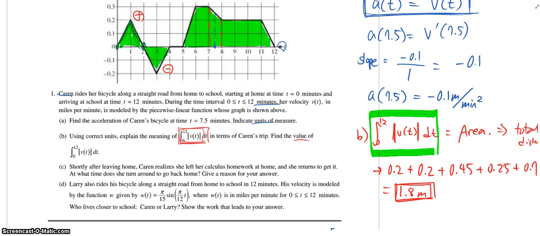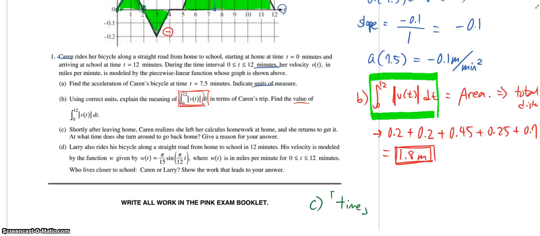That means the direction changed from right to left. So t equals 2 is the first time the sign changes.